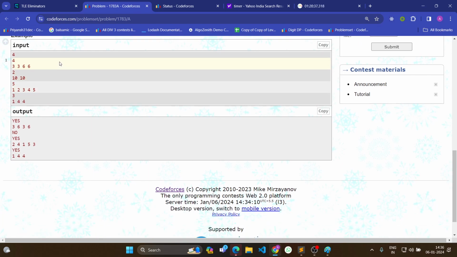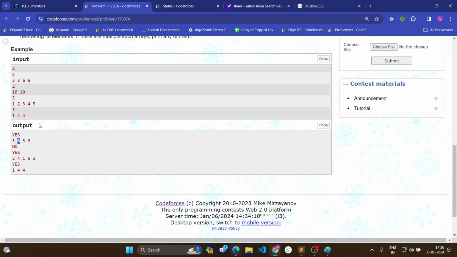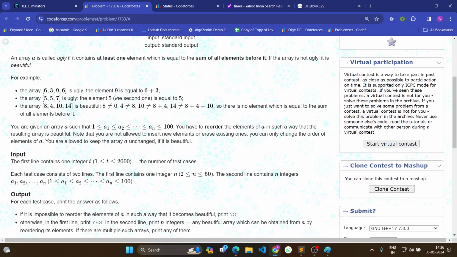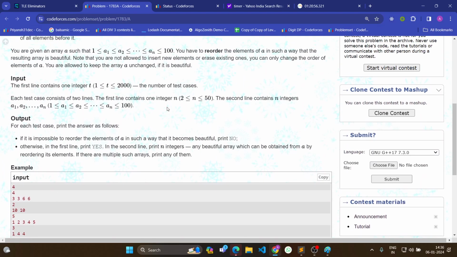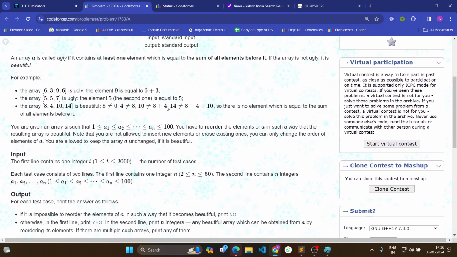So if it is 3, 3, 6, 6, then if I look at 6, is there at least one element which is equal to the sum of all elements before it? Over here, which element is that? Like 6, 3, 9, 6 is ugly, the element 9 is equals to 6 plus 3. Okay, so I just need to make sure that there is no element that is equal to the sum of all elements before it.